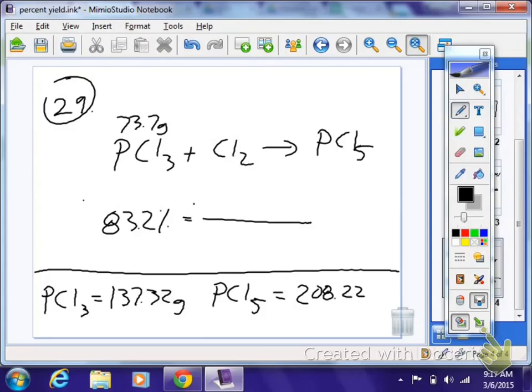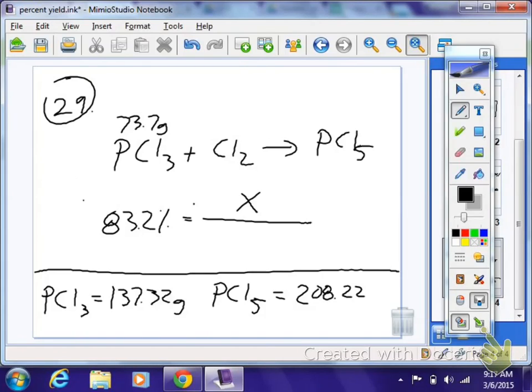So we're asked to solve for how much could we produce. That's experimental. Okay? So that would be X, or actual, what we're trying to find. Now, on all these problems, you can figure out the theoretical if they give you an amount of a reactant, which they do. 73.7 grams of PCl3.